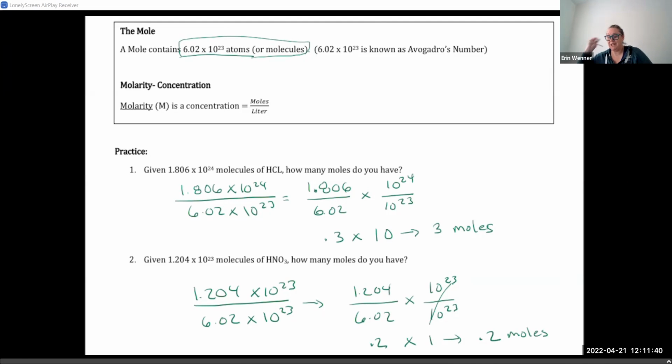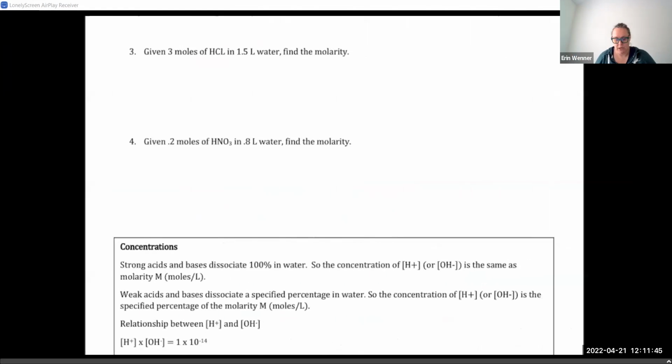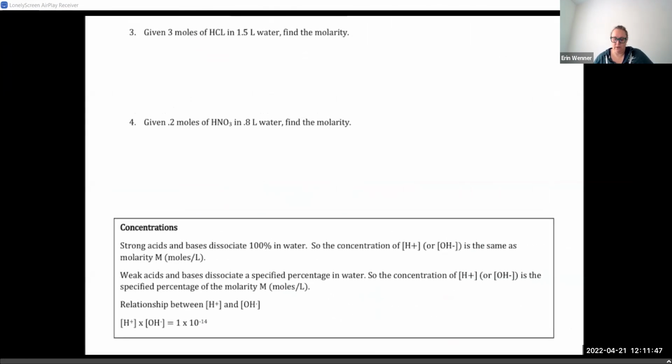So speaking of molarity, let's calculate it. Looking at the next page, it says given 3 moles of HCl in 1.5 liters of water, find the molarity. So remember, to calculate molarity, we're taking the number of moles and dividing it by the number of liters. So if you were given a problem that had the amount of liquid listed in milliliters, you would want to first convert that to liters, because again, we need the liters in the denominator.